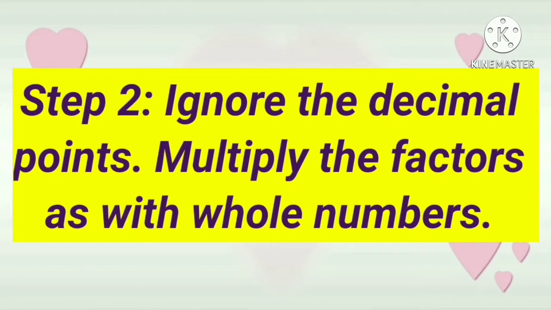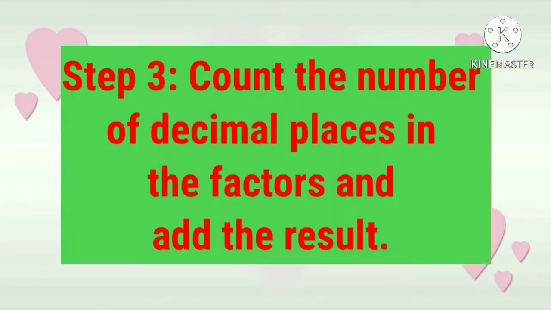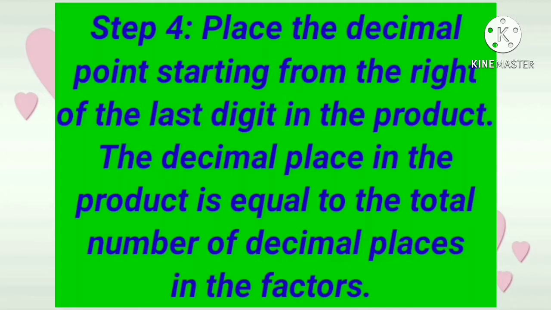Ignore the decimal points. Multiply the factors as with whole numbers. Step 3. Count the number of decimal places in the factors and add the result. Step 4. Place the decimal point starting from the right of the last digit in the product. The decimal places in the product is equal to the total number of decimal places in the factors.